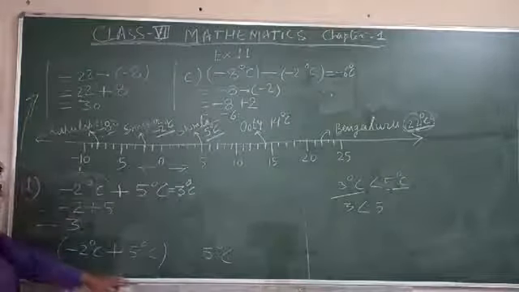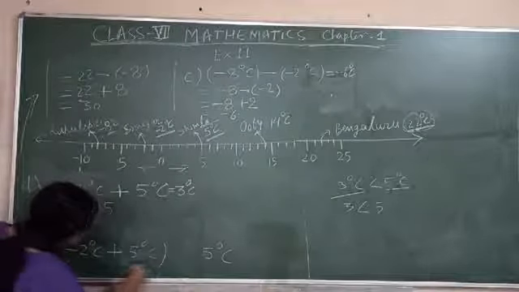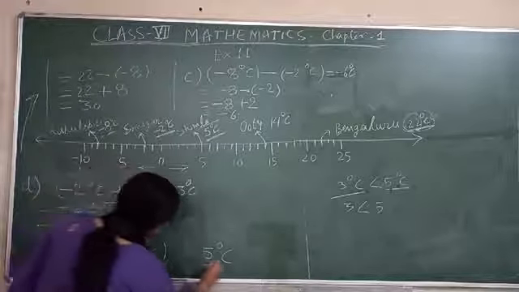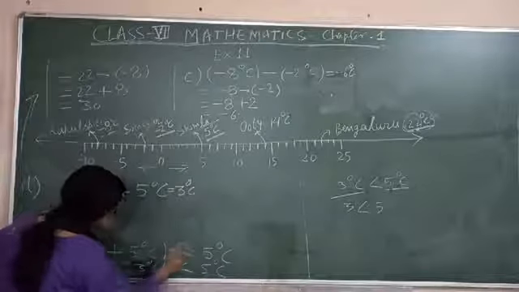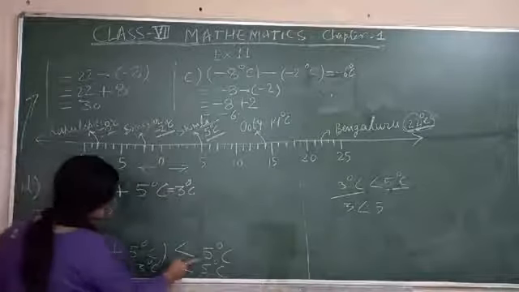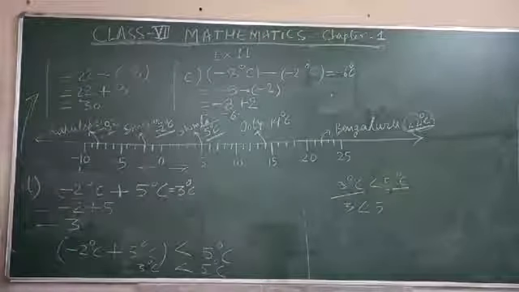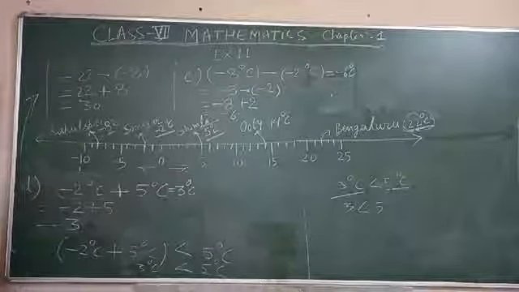When you calculate this whole, you are getting 3 degrees Celsius, and here you are getting 5 degrees Celsius. So which one is greater? 5 degrees Celsius is greater. So this whole is greater than this whole. Okay. So that's your answer of question number D.